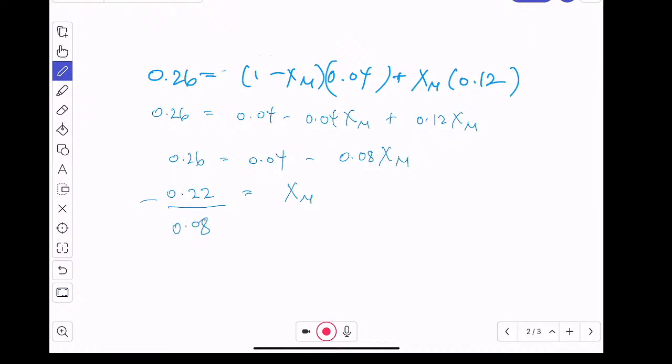I skipped a few steps there, but nobody's complaining, so I will continue. So what you get is that this is 2.75, and like I said, it's really high. Well, that return was really high, so you have to have a lot invested in the market portfolio, and you'll do that by short selling T-bills and using the proceeds to invest in the market portfolio.